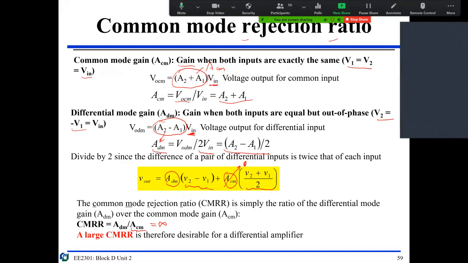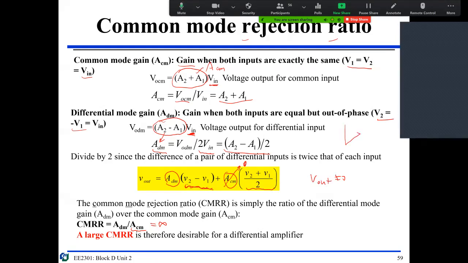So therefore, even if V2 and V1 are equal, your V out is not 0. Not 0. So in other words, it's very easy to check.